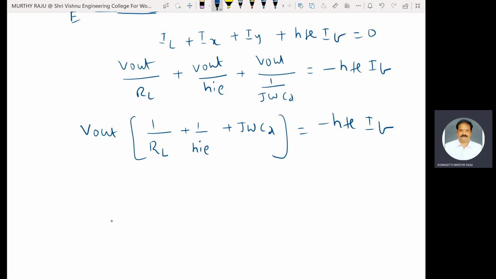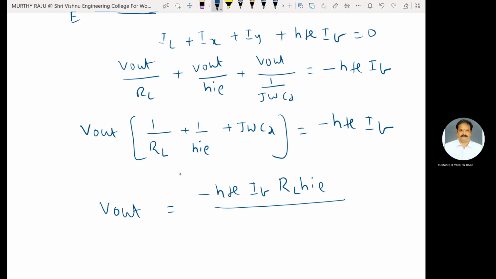Therefore, find out V out. V out is equal to minus HFE IB into RL HIE by RL plus HIE plus J omega CD into RL HIE.